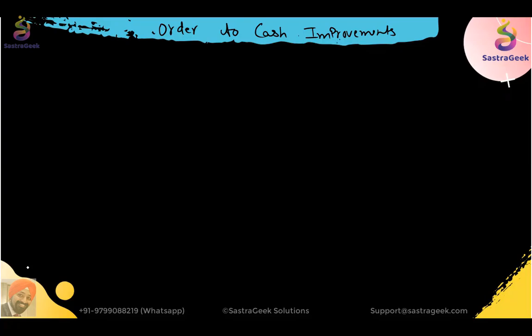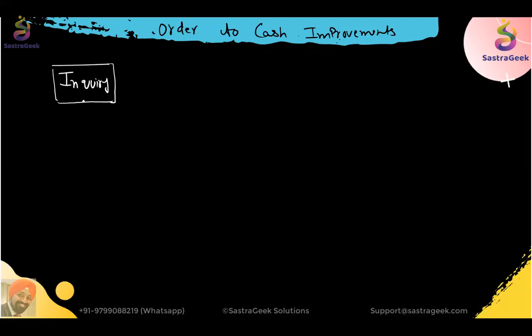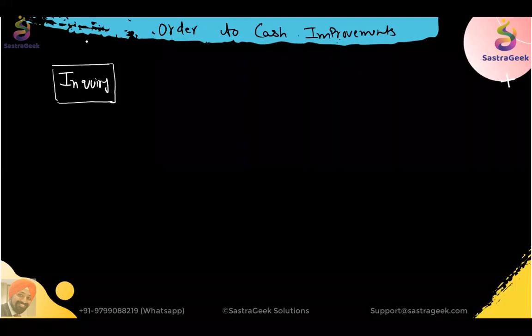Your order to cash cycle generally starts with inquiry, although it is not mandatory. But first you can register an inquiry where a customer has made an inquiry, and then you are responding to that inquiry, but you want to register those inquiries in your system because this is your pre-sales pipeline.